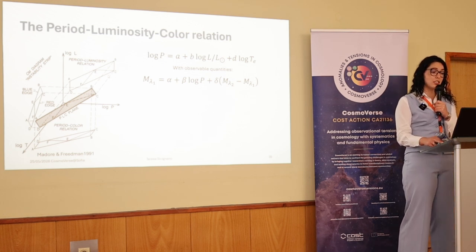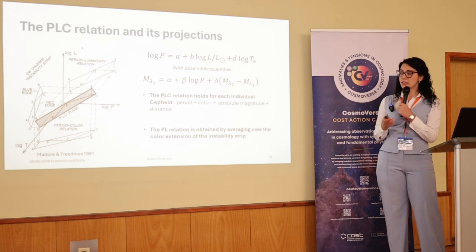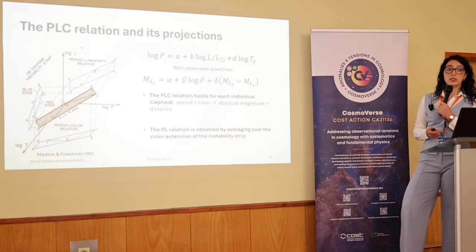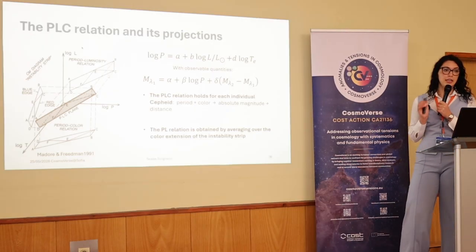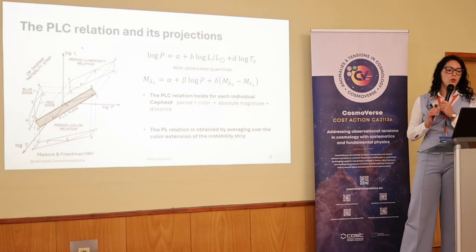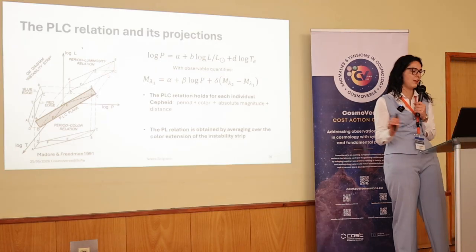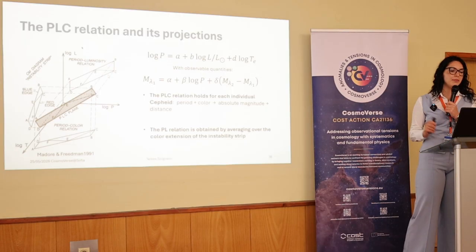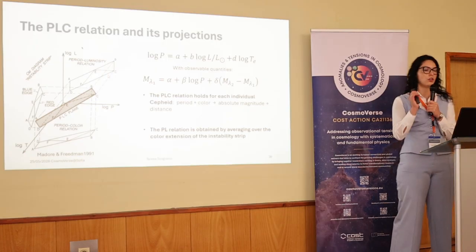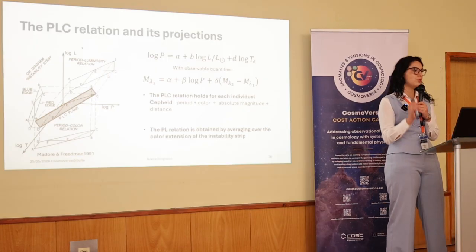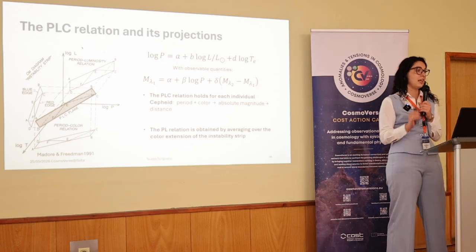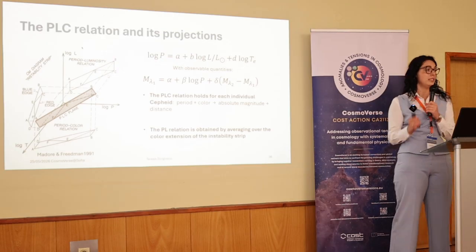So, at this point, what we can notice is that the period luminosity color relation is a relation that holds for each individual Cepheid. This means that every time we know the period and the color, we can retrieve the absolute magnitude of that Cepheid, and we can also retrieve the distance.